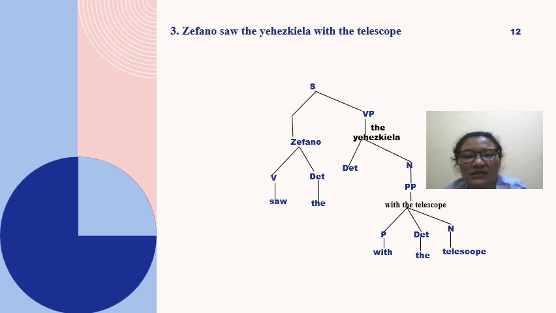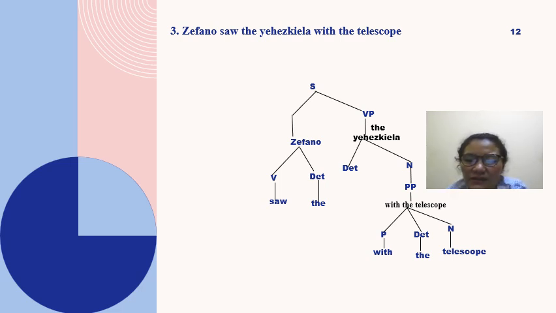So the noun phrase here is Stefano, and here on the left is the verb phrase, the Ezekiel. The determiner is the, and the noun is Ezekiel.